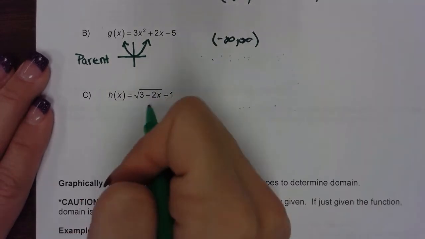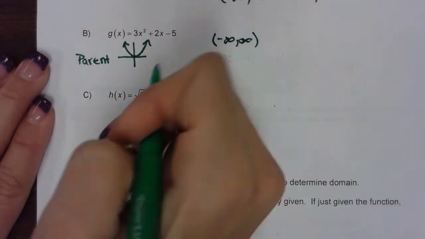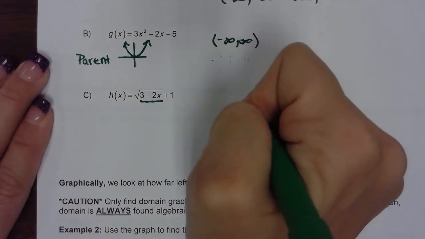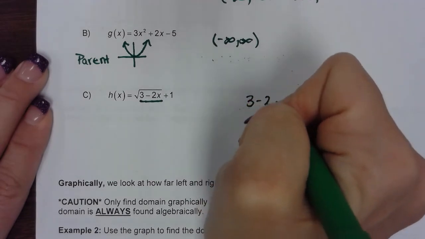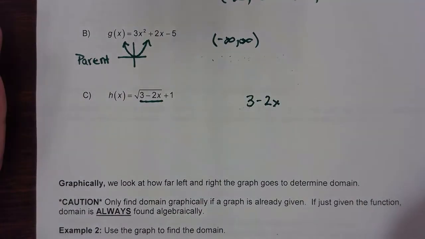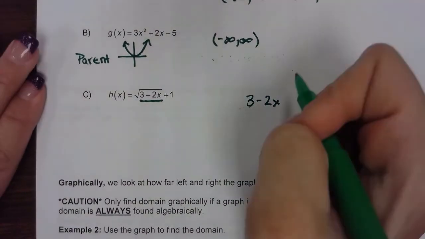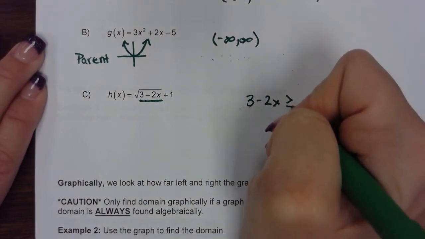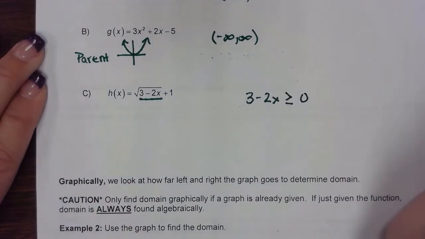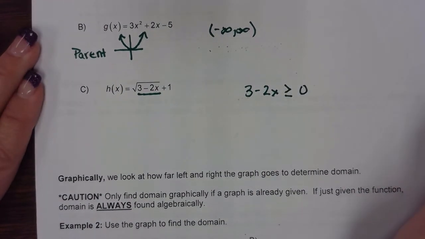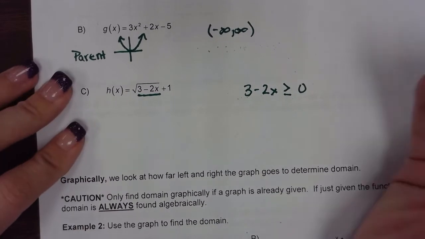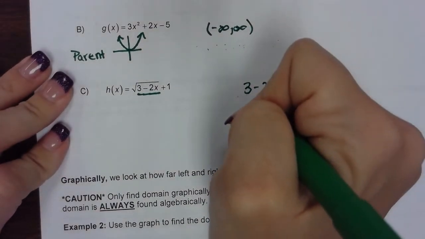C, we have a square root. Remember, the only thing we care about is what's under the square root. So we have 3 minus 2x. And what happens with the square root? It has to be positive, and it can equal 0. So we want 3 minus 2x to be greater than or equal to 0. We solve.